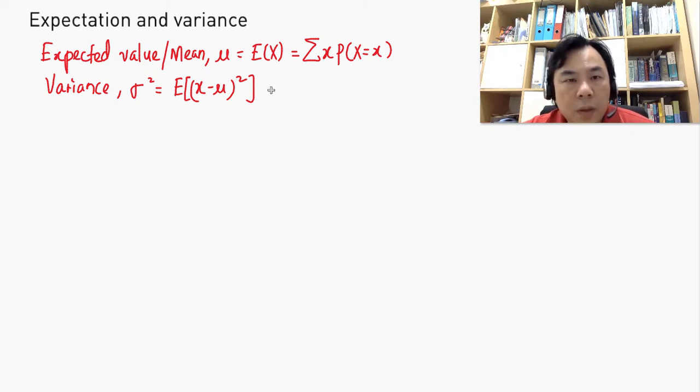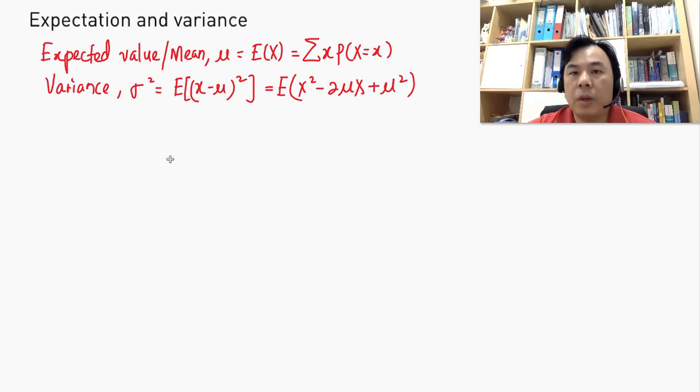Now let me see whether I can work out the original formula that we will obtain in a while. So from here, we can actually expand this out. So therefore, what do we have here? We have x squared minus 2 mu x here, and then plus mu squared.